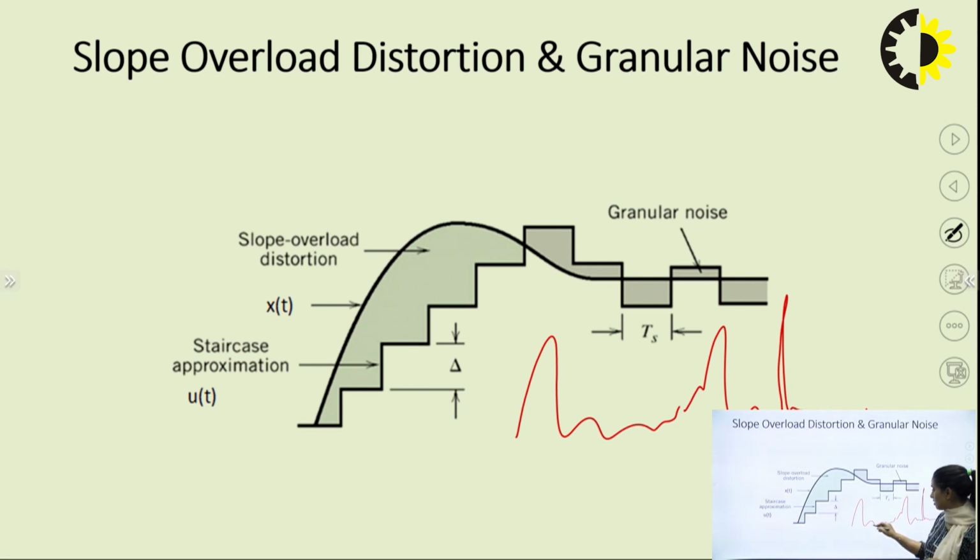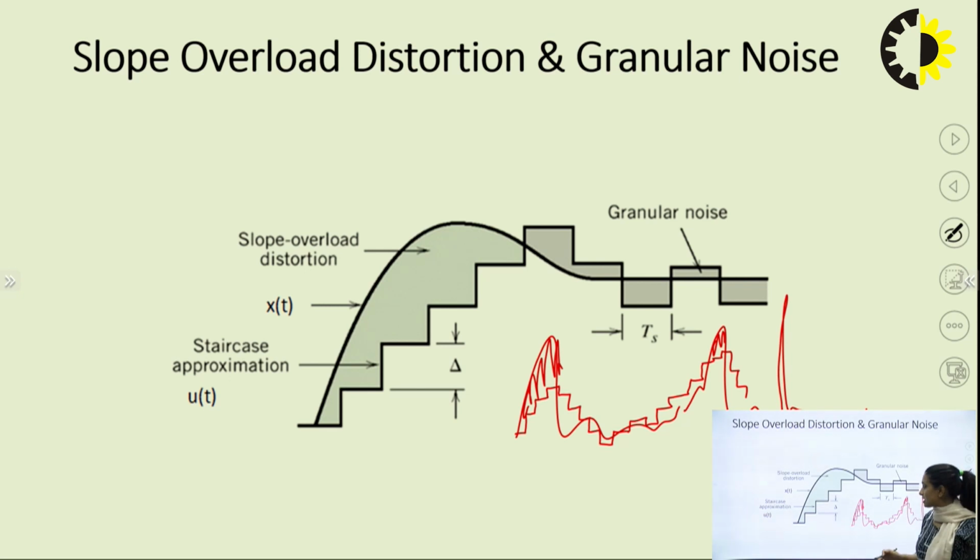In such a case, if I choose a uniform step size quantizer, then such a quantizer will not approximate my signal in a proper fashion, right? I'll get a huge amount of noise here.